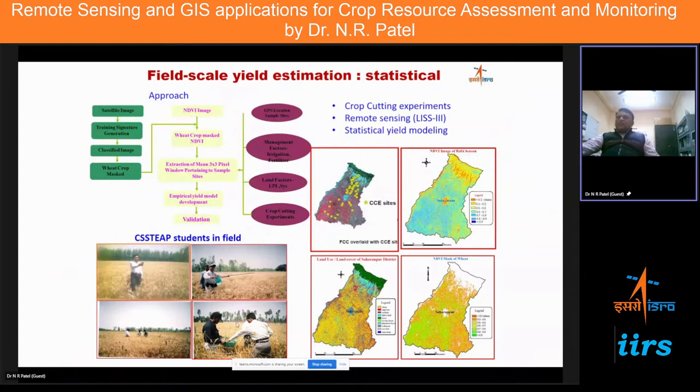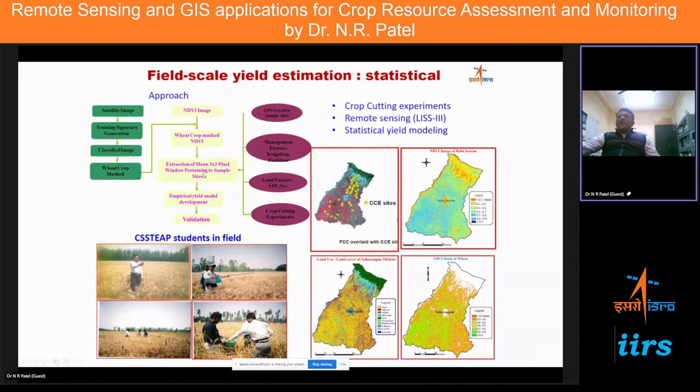So here you see, this is a simple statistical approach where we acquire a satellite image, and NDVI is computed once we have classified the wheat crop. Only those pixels belonging to wheat crop, that wheat crop NDVI is extracted.